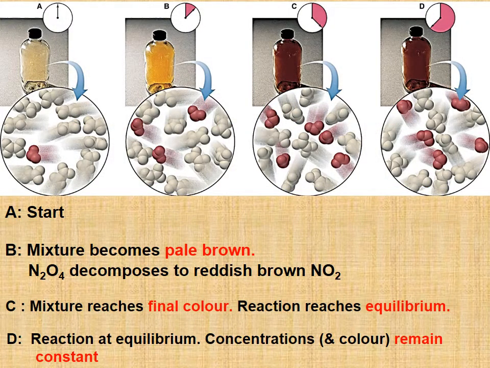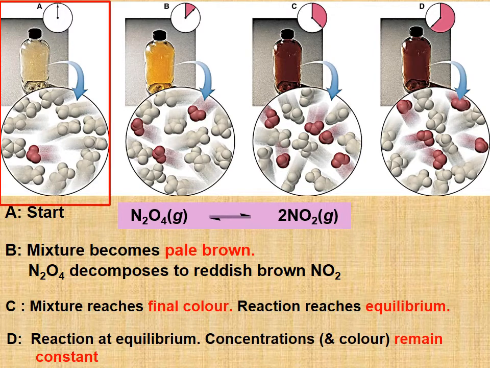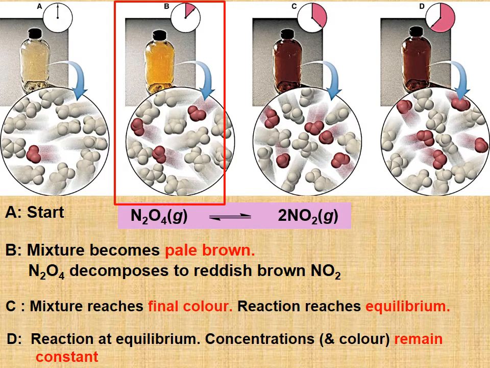For instance, the dissociation of dinitrogen tetroxide to nitrogen dioxide. Initially, dinitrogen tetroxide is placed in the reaction bottle. As the reaction proceeds, the concentration of nitrogen dioxide increases. This can be seen in diagram B, where the intensity of the brown color in the reaction mixture increases.